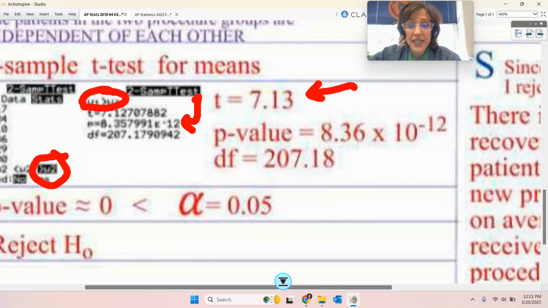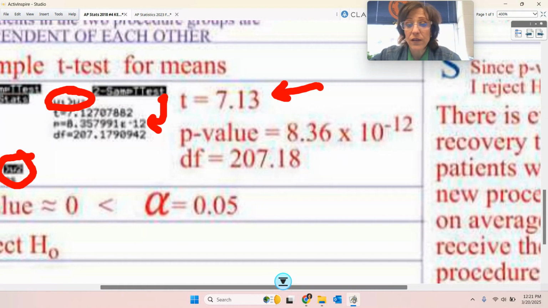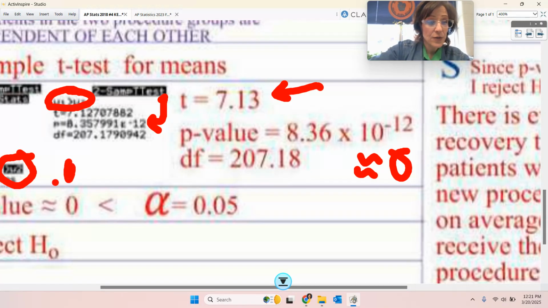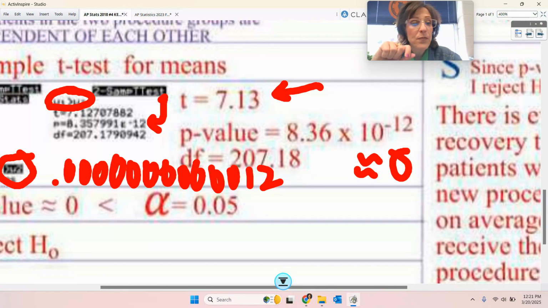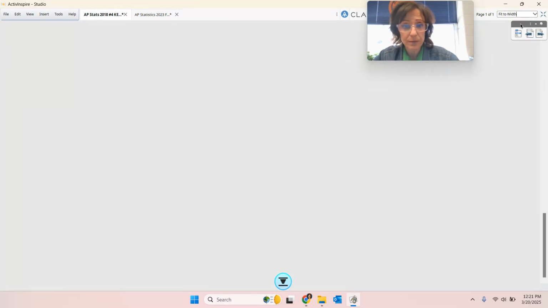So it's 8.36 times 10 to the negative 12th. So it's so small. That's 0.0000, all the zeros, and then the 12. And so that's essentially 0, okay? And then do just write the degrees of freedom. We do not have to be able to compute that in this course.